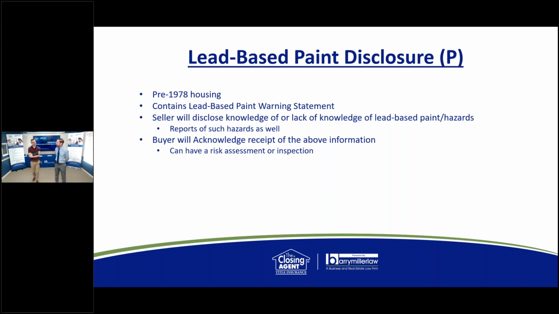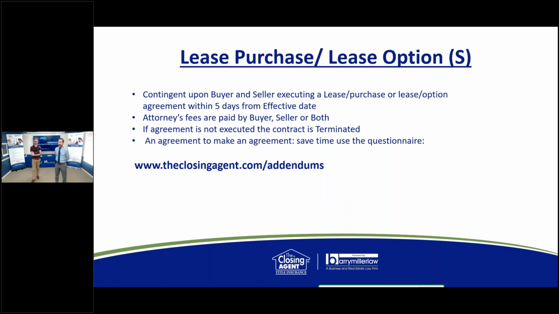And I get it that in the addendum, the buyer's signing off saying they got it, but make sure they got it. You can download it from, I think, the EPA's website or HUD's website, and you can just Google lead-based paint warning statement and you'll find it in 10 seconds. So be sure to do that if we're talking about pre-1978 construction.